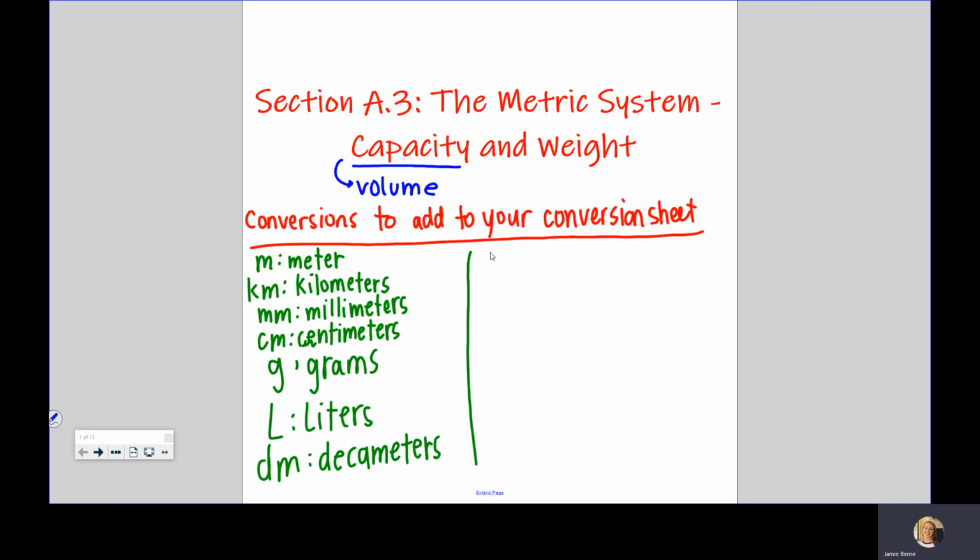All right, so let's talk about the conversions. 1 meter is equal to 100 centimeters. So centi means 100. 1 meter is equal to 1,000 millimeters. So milli is 1,000. 1 kilometer is equal to 1,000 meters.